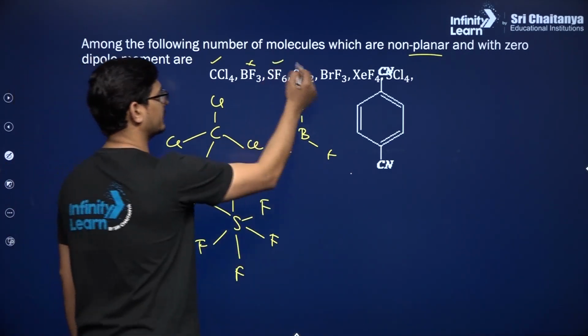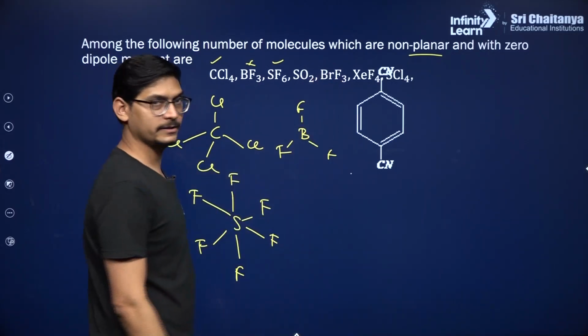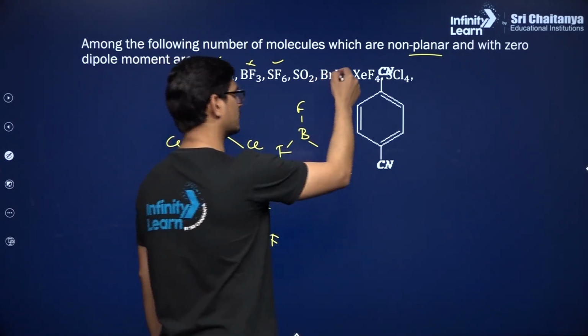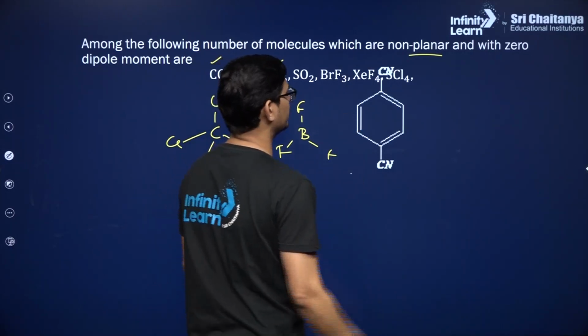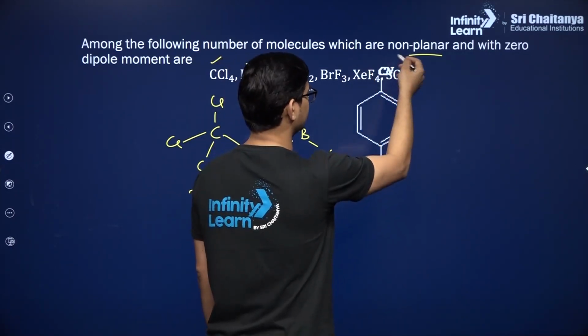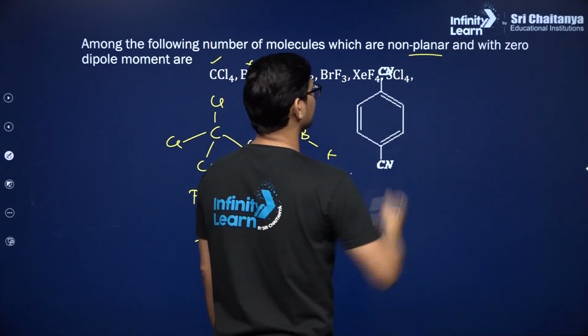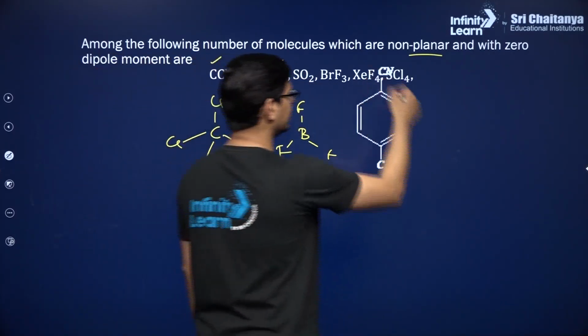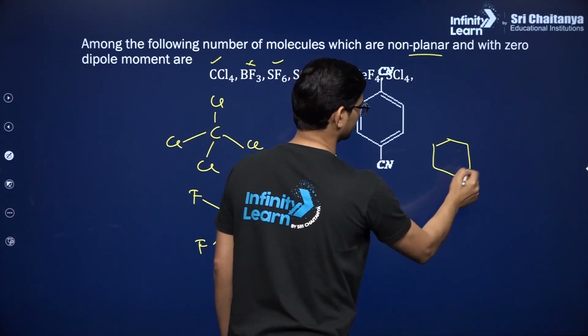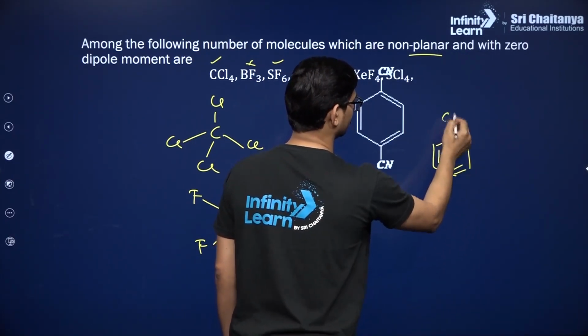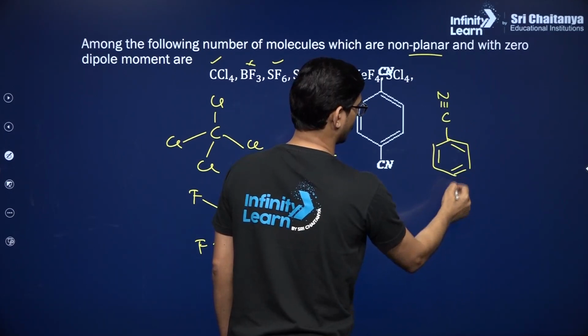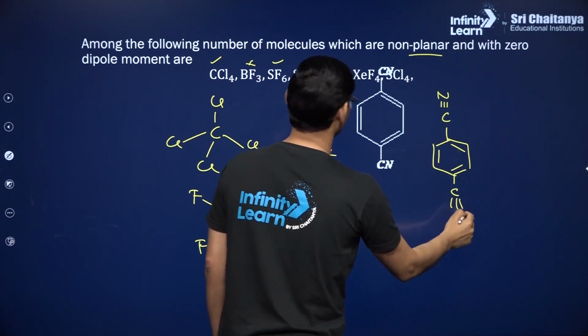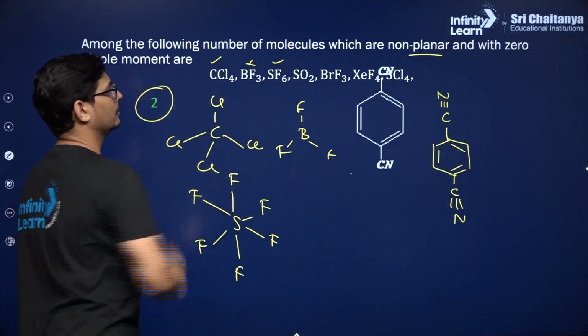So this also is there. SO2 is bent and it is a polar molecule. BrF3 is also a polar molecule, bent T shape. XeF4 is planar and it has zero dipole moment. SCl4 has seesaw shape and it is polar. And this CN, so the correct answer is 2.